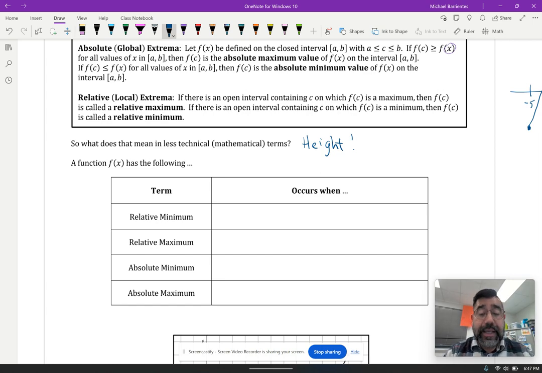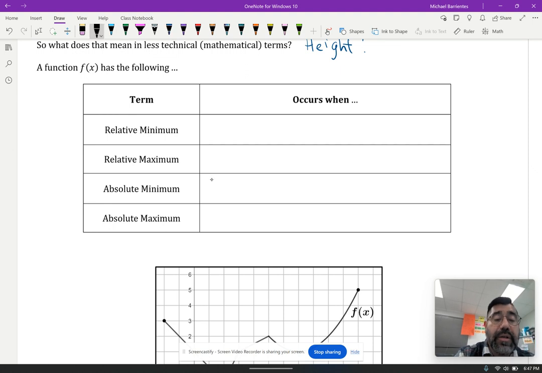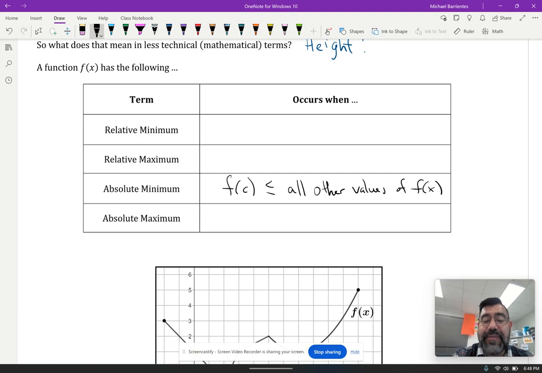And so, bringing it back to what we've been talking about, the absolute minimum occurs for f of c as long as it's less than or equal to all other values. I said it, I didn't write it. All other values of f of x, right?